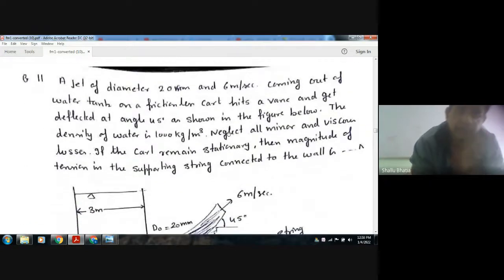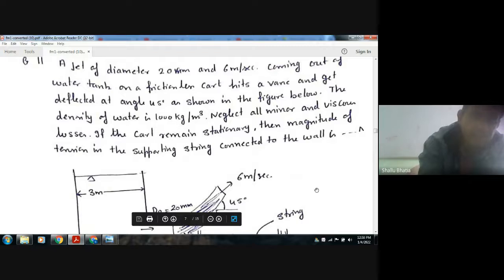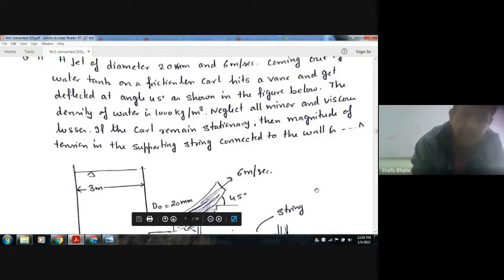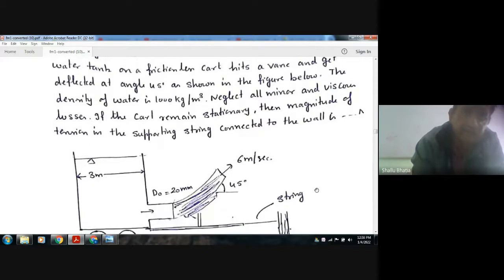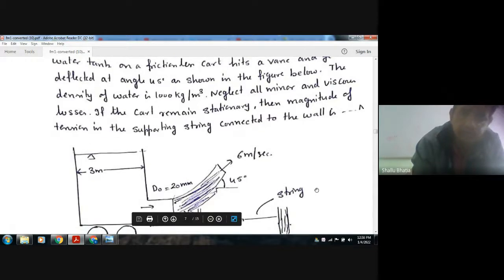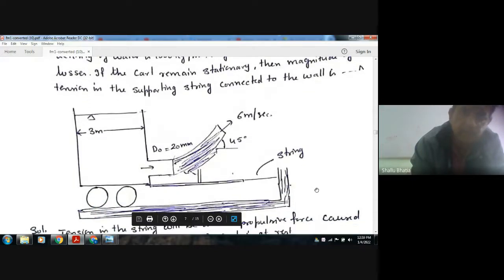a jet of diameter 20 mm and velocity 6 meter per second coming out of a water tank on a frictionless cart hits a vane and gets reflected at an angle of 45 degrees as shown in the figure below. The density of water is 1000 kilogram per meter cube. Neglect minor and viscous losses. If the cart remains stationary, then the magnitude of tension in the supporting string connected to the wall is.